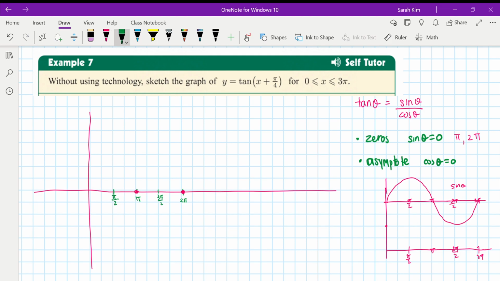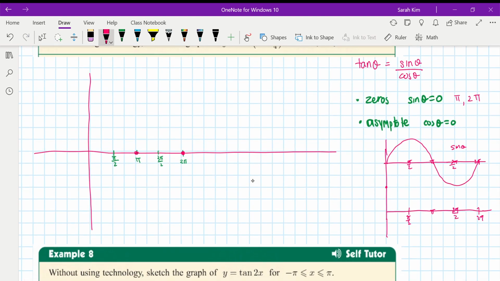So it goes something like this, from memory. There we go. Okay, so my zeros are pi over 2 and 3 pi over 2. So these are my asymptotes. Maybe I'll highlight these zeros as well.